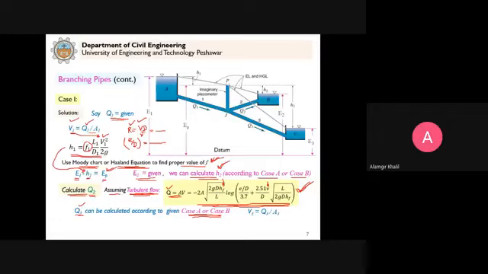And then from Q3, we can calculate V3 equal to Q3 by A3. And then this V3 you can put here in order to calculate H3. Now F3 is unknown. From where will F3 come?